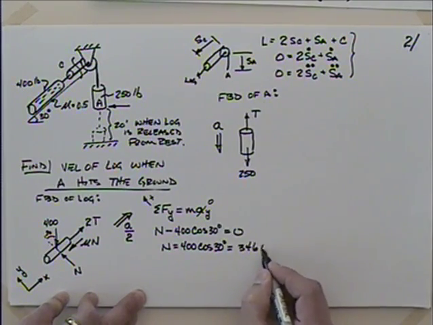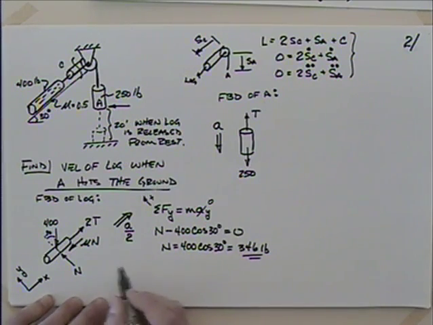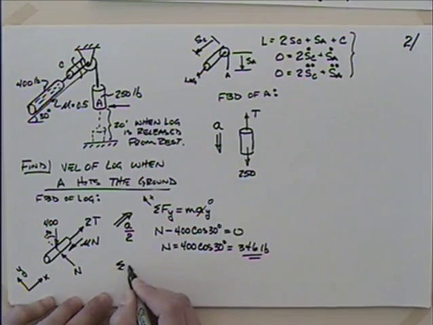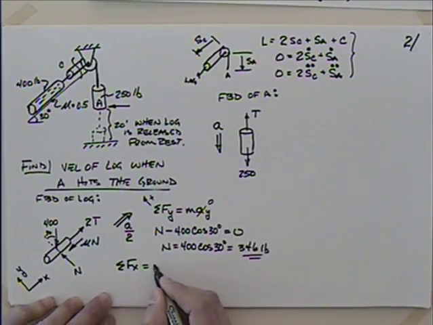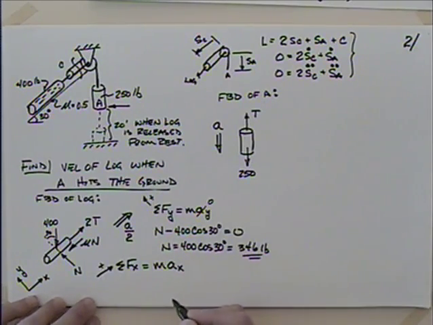346 pounds. Okay, so that's an important intermediate step, because when I go on then to sum the forces in the x direction, I'm going to need that for the friction. So let me do that. Sum of the forces in the x direction is equal to mass times acceleration in the x direction. Here I'll go ahead and take up the ramp as positive.